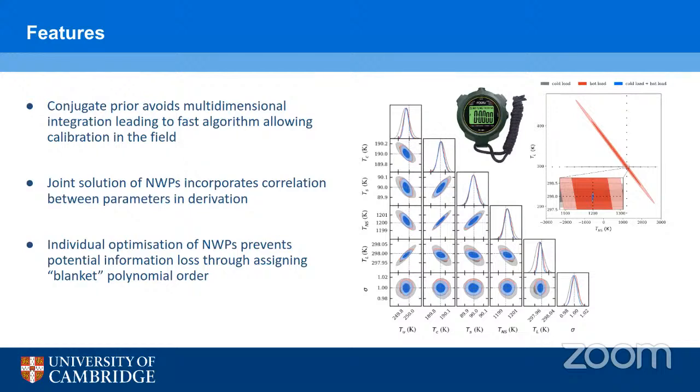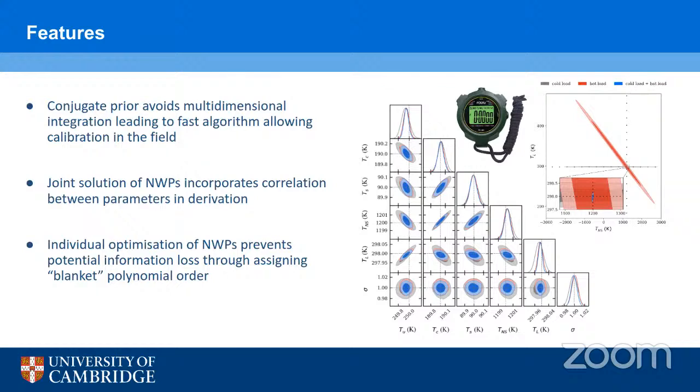In red, we see the posterior distribution from our pipeline using information from a single heated load. As you can see from the skew of the red posterior, there's quite a bit of correlation between T_L and T_NS in this example. And as one would expect, the posterior distribution from using the ambient temperature load and the heated load in tandem is found in the intersection of these previous two posteriors, which is shown in blue in this zoomed in portion of this plot.